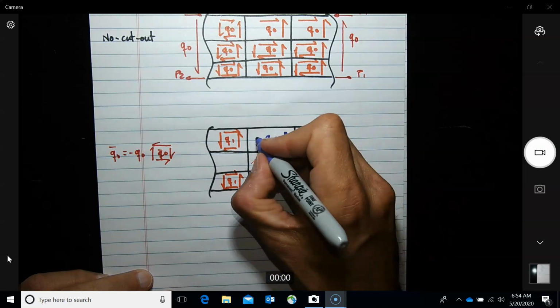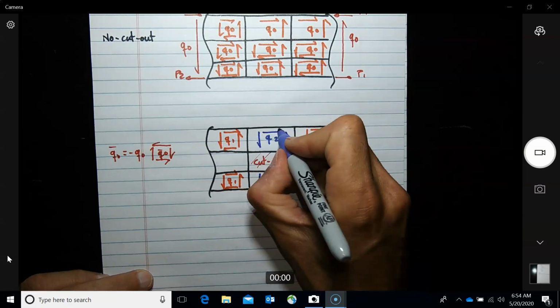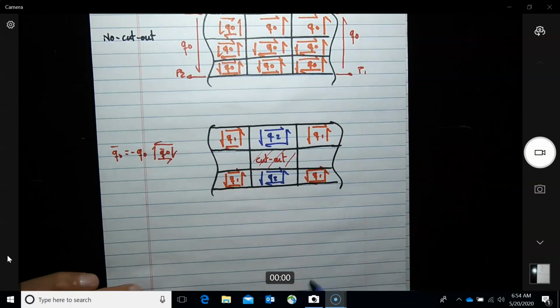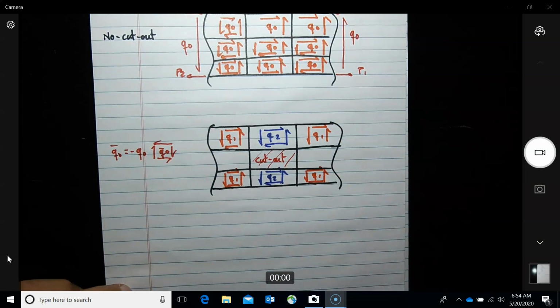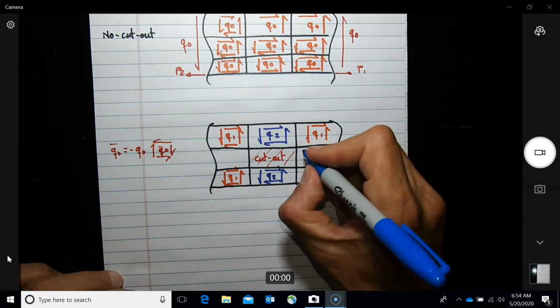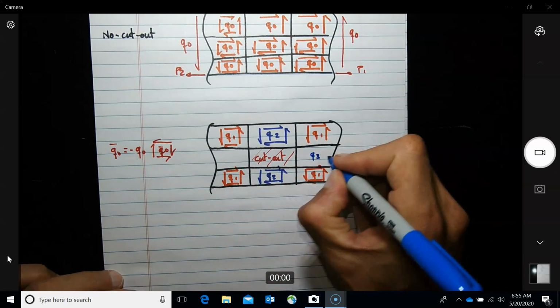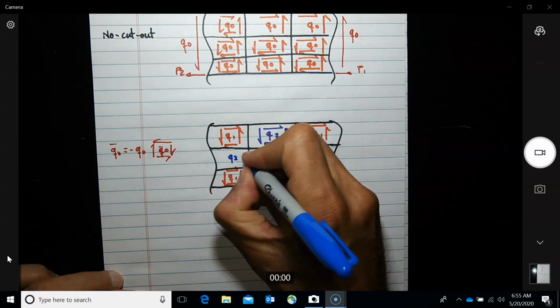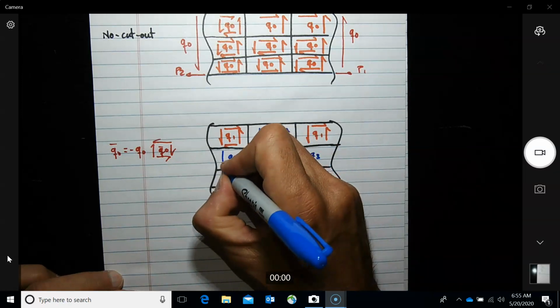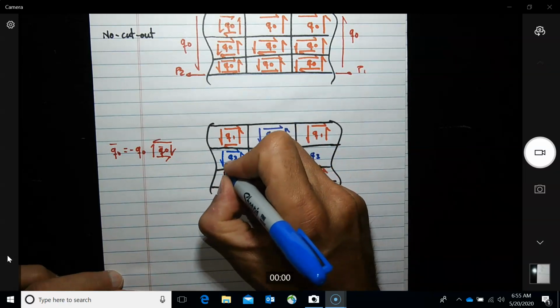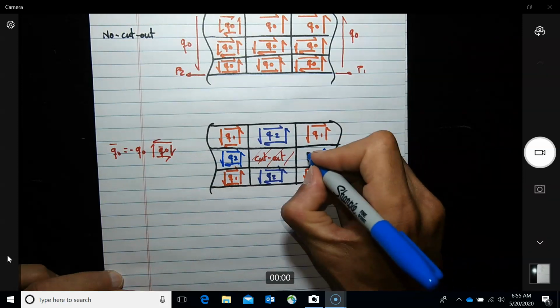We can do the same figure over here. And finally, you will have another shear over here, let's say that would be Q3, just as the other ones.